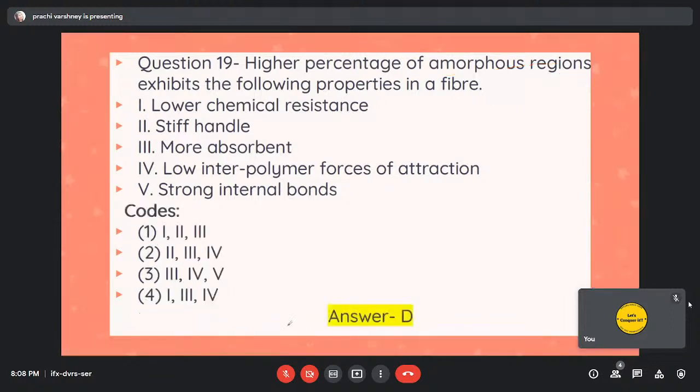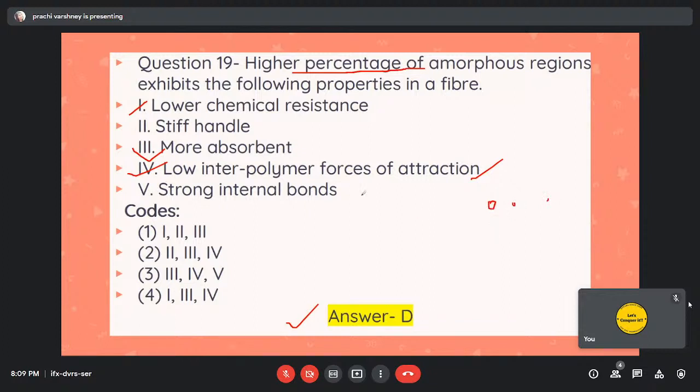Yes, the correct answer is D. Like I already told you, fibers with a higher percentage of amorphous resin have lower chemical resistance, more absorbency and lower interpolymer force of attraction, because they are arranged in a random manner, not in a rigid manner.